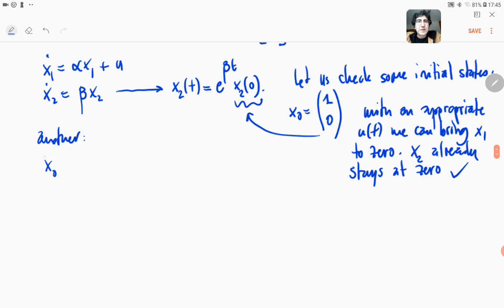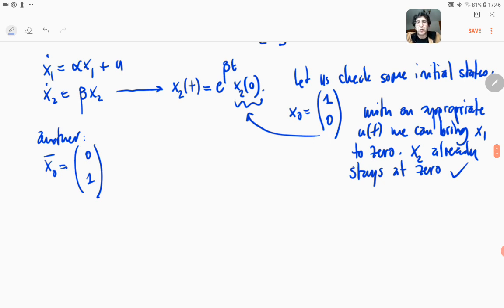Okay, so let's say that x0 bar is another initial state, and this time it is 0 and 1. So this time the first state is at 0. If we select u to be equal to 0 for all time, x1 will stay at 0.